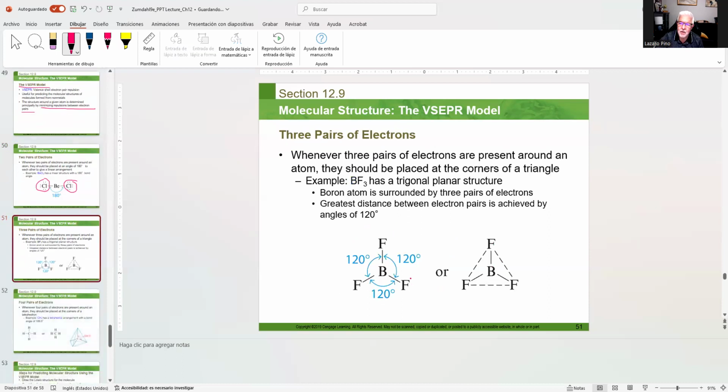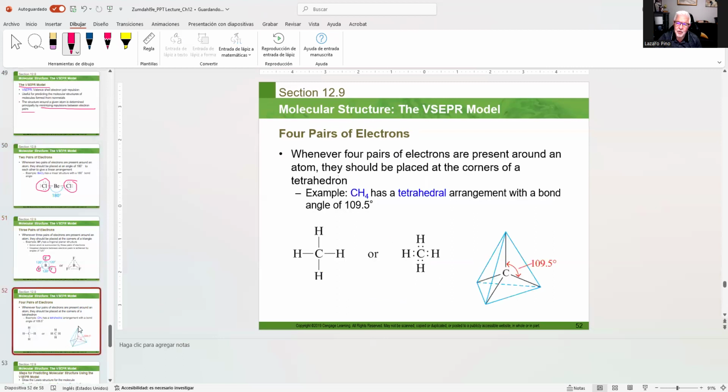In the case of boron, in order to lower the repulsion between the electrons of these 3 fluorines, the structure in space is like a triangle, and the angle of bond is 120 degrees.